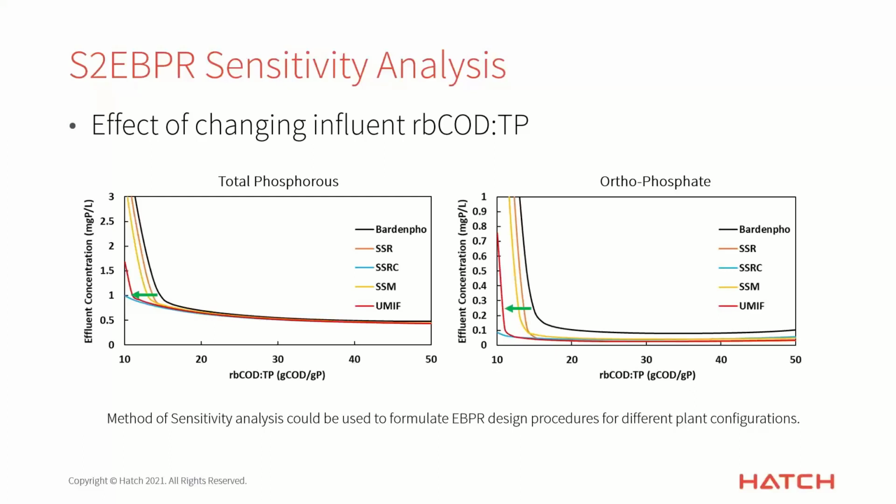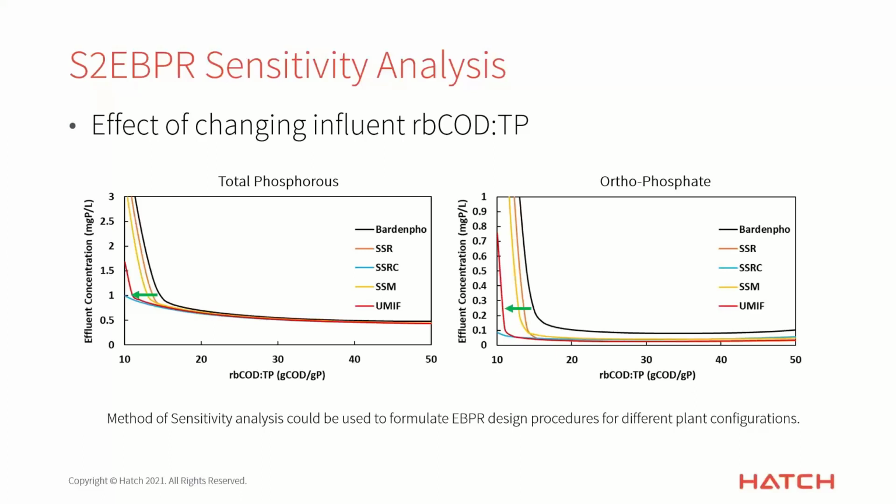And the main takeaway from these graphs is that in general, if you use any side stream configuration, it's going to lead to a bit more successful biological phosphorus removal than if you use a non-side stream configuration like the Bardenpho process. And this successful phosphorus removal can be achieved at a lower readily biodegradable COD to total phosphorus ratio.